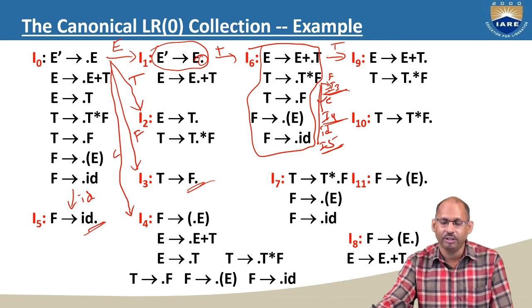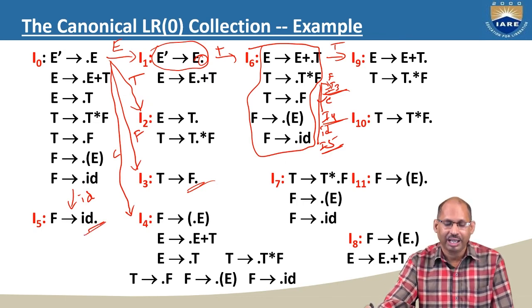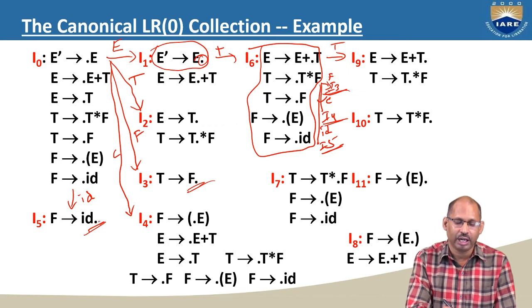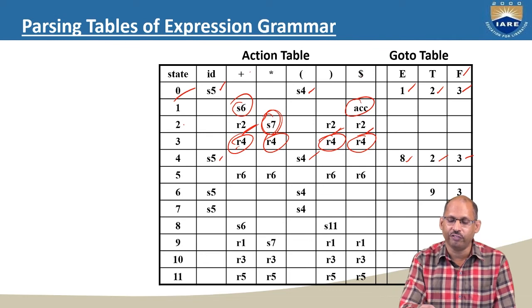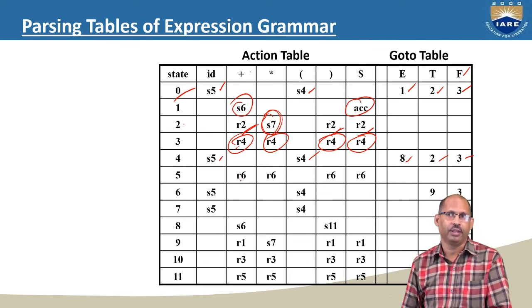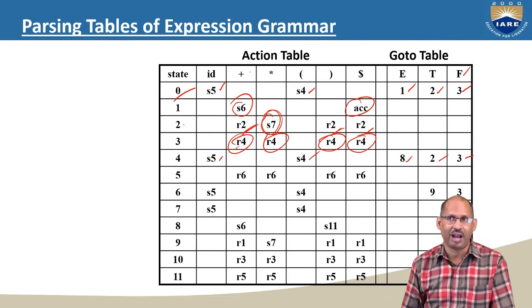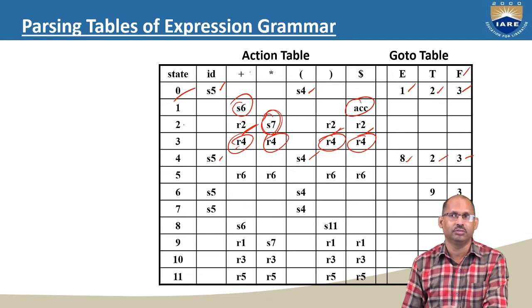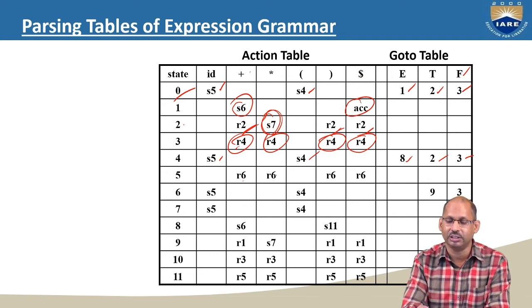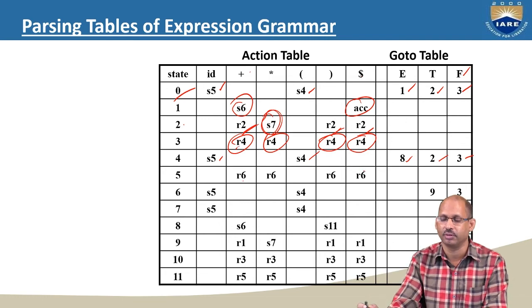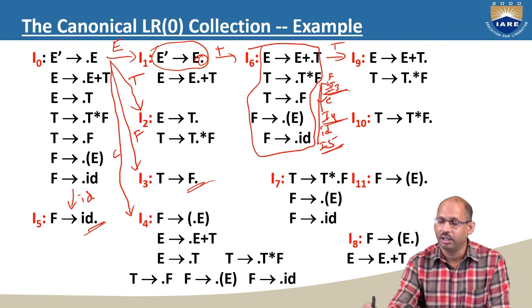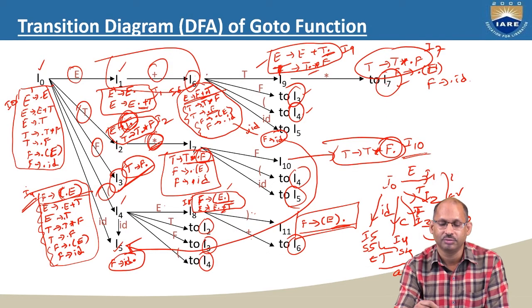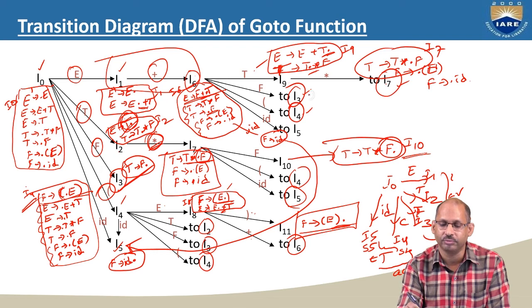What is I5? I5 is F equal to ID dot. So write this production in the follow of F. In that follow of F we write the reduction R6. Then I6. What do we have in I6? I6 on T and F goes to 9 and 3.